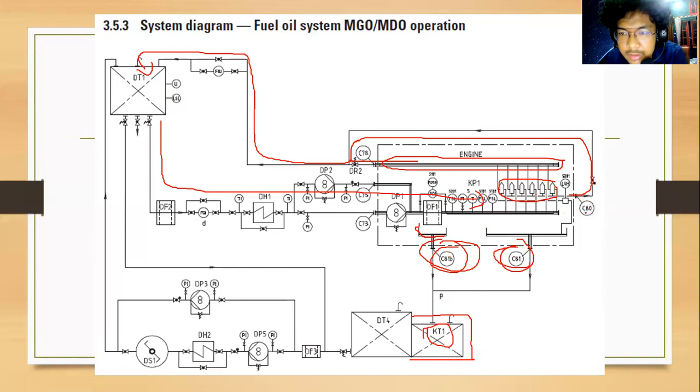But for drip fuel that is defined as C80 and C78, the fuel will be transferred to the service day tank again to be used for the next combustion.